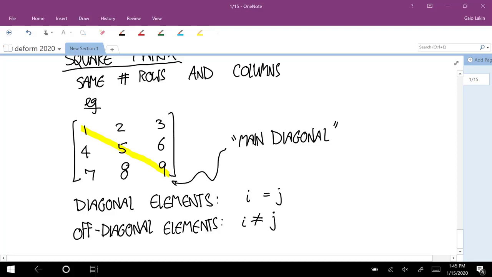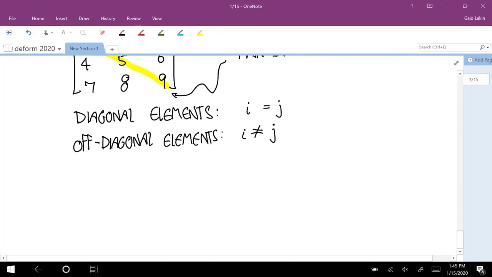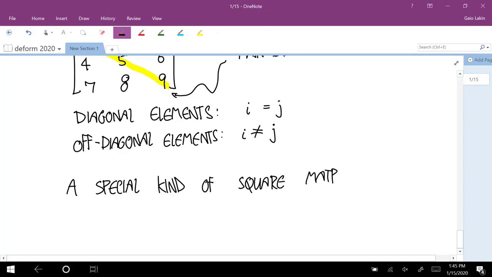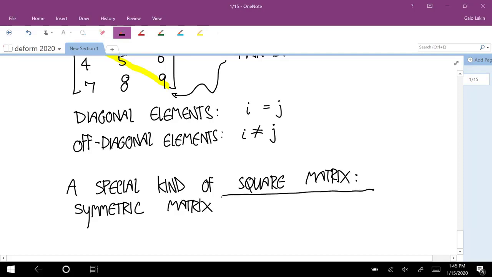There's also an important special kind of square matrix, and that is a symmetric matrix. You can't have a symmetric matrix without it being square, but you can have a square matrix that's not symmetric.